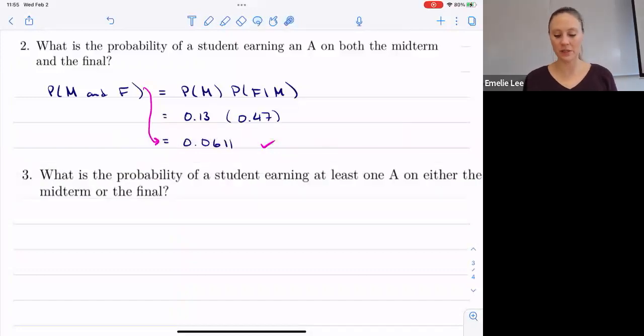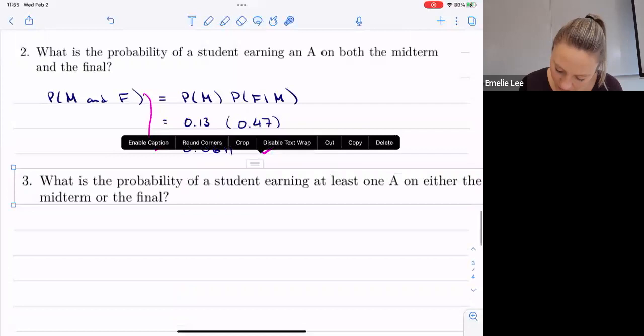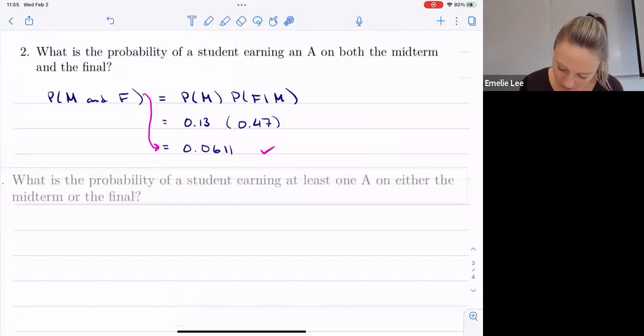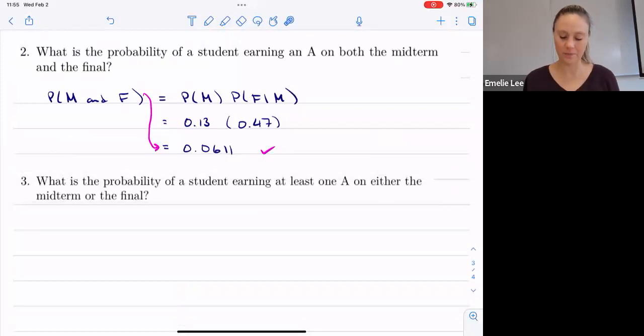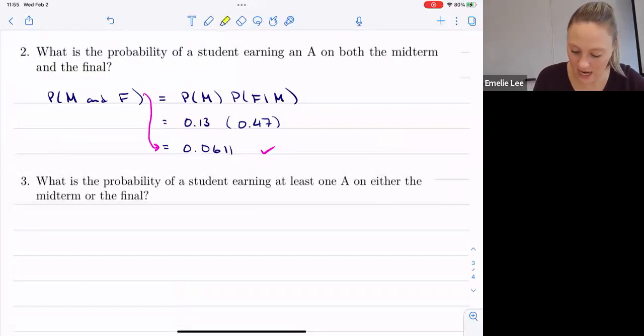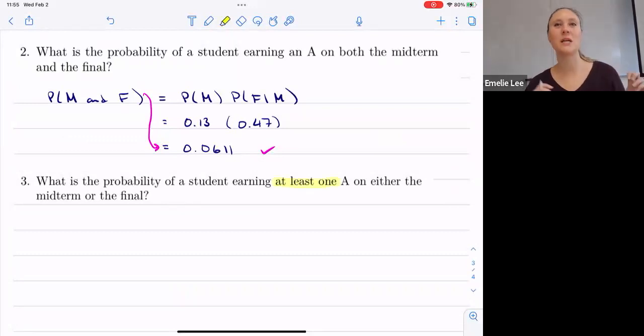So what's the probability of a student earning at least one A on either the midterm or the final? As soon as you see at least one, there's going to be a little bit of rejigging involved.